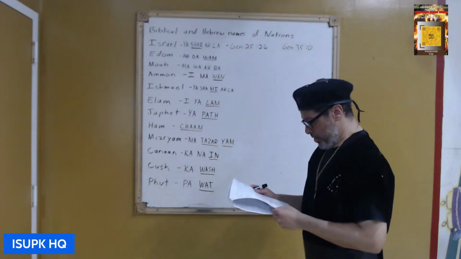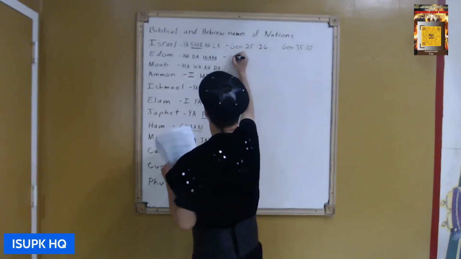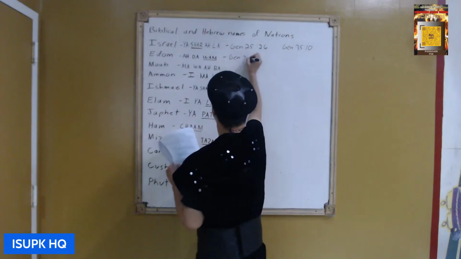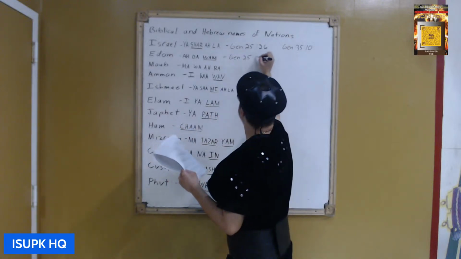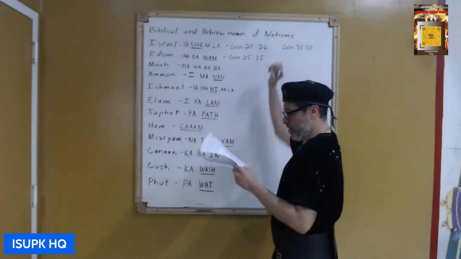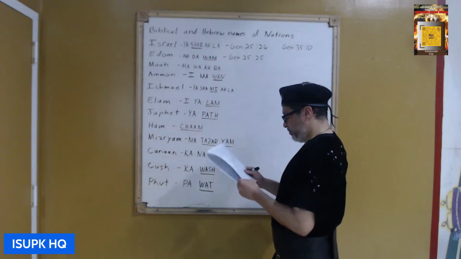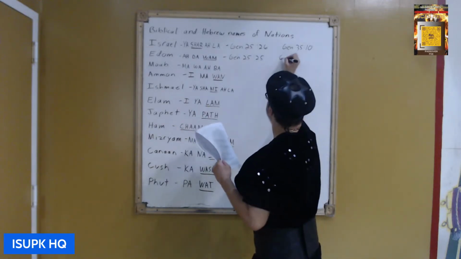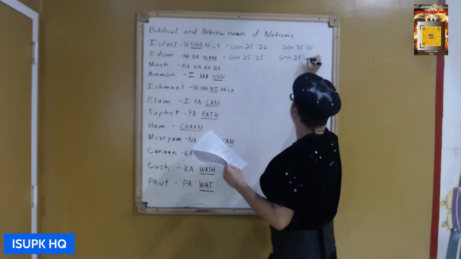Okay. Then you have Edom, which you'll see in Genesis 25, verse 25. And you also see it in Genesis 25 and 30.